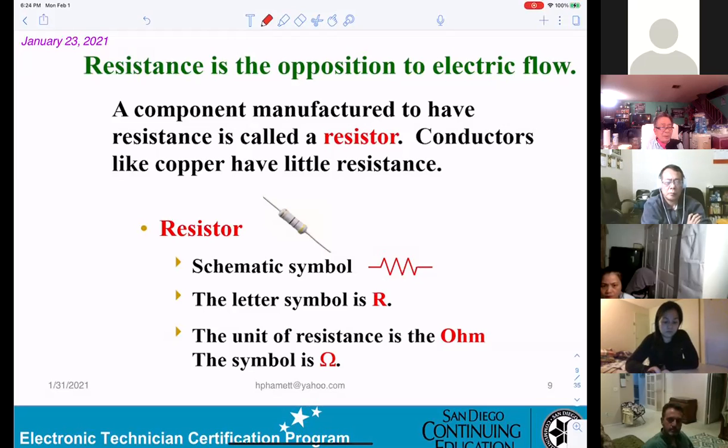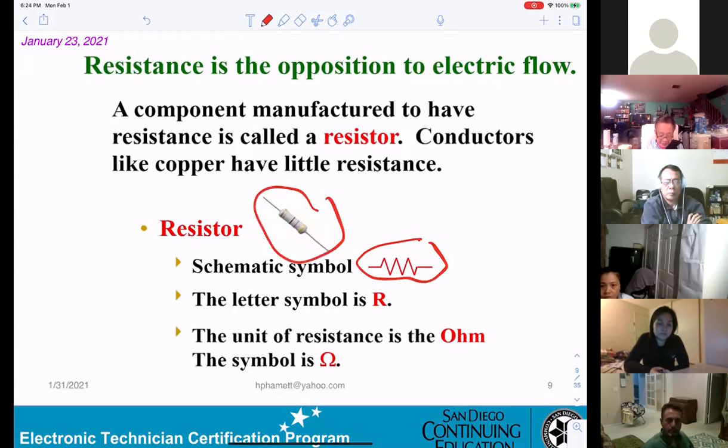Conductors like copper or wire have little resistance. This is the symbol, you see that one, you know it's resistance, and this is the real one. The letter symbol is R. The unit of resistance is the ohm.